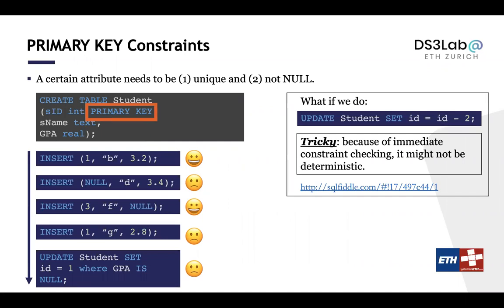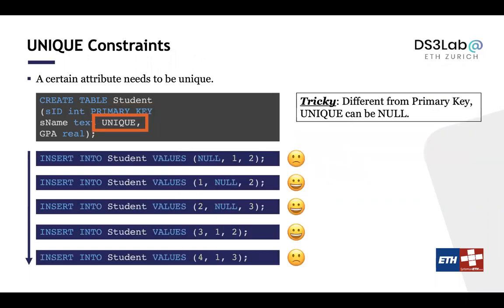And the primary key: this type of constraint simply means that the attribute or the combination of attributes needs to be unique, and also it cannot be null. The tricky thing could be when you update the relation and change multiple tuples, the result could be non-deterministic. Play with this example, and you will see why that is the case.